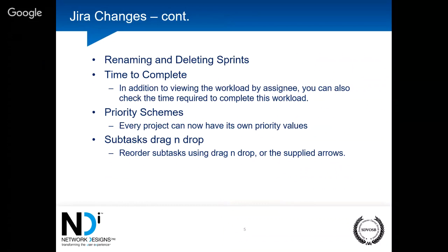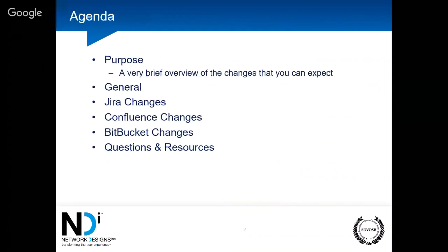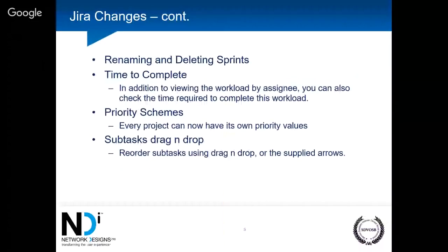So you can see that based on their current workload, it's going to take them X amount of days or hours to be able to complete their current workload. So a very handy roll-up, if you will, a cumulative value for the workload that you've assigned to one of your employees.